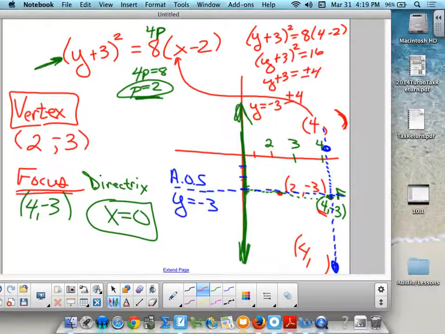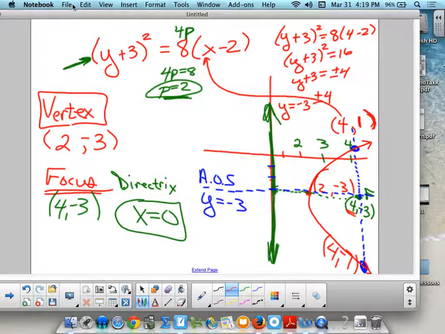I'm getting 1 and negative 7. So, oh boy, I got a mess here. There you go. You don't have to sketch it. I just do it to see it. I like to see it before I call it good.